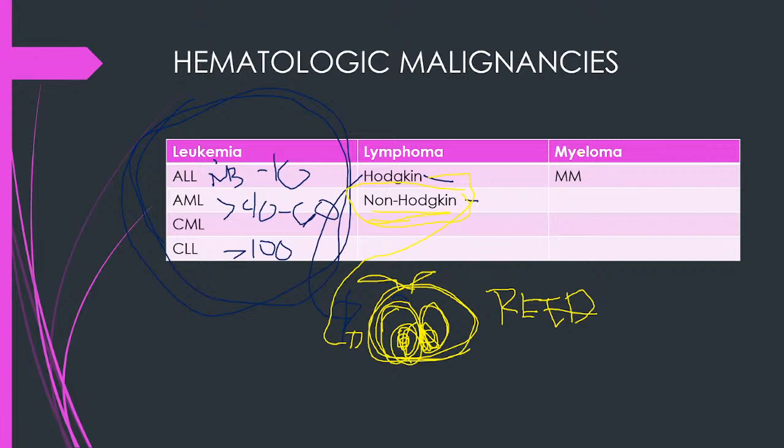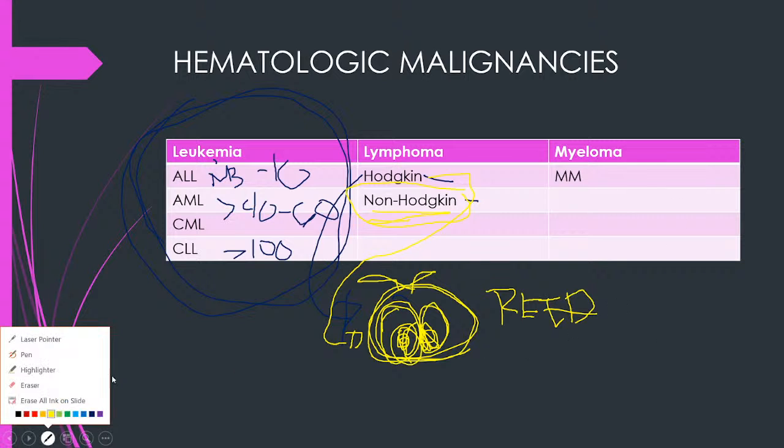And I forgot to write here Waldenstrom's macroglobulinemia, but we will discuss them together later on. What's the spelling? Waldenstrom's, the one with the O with two dots on the top.